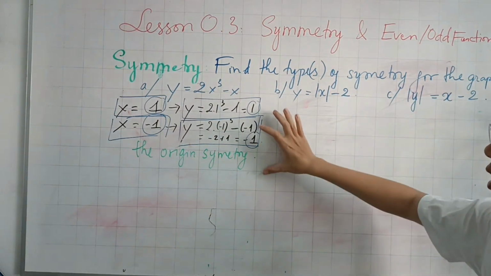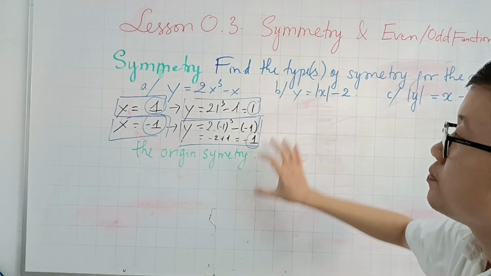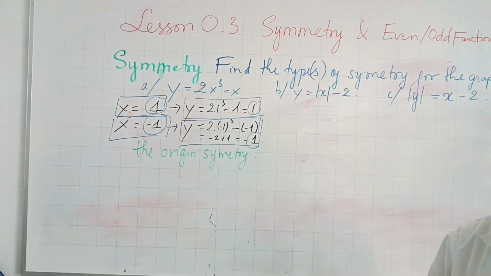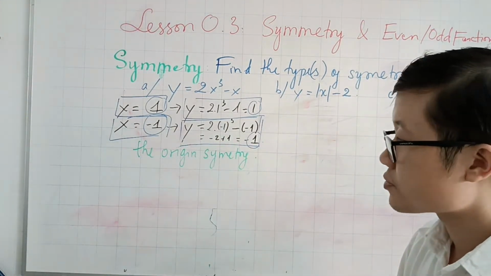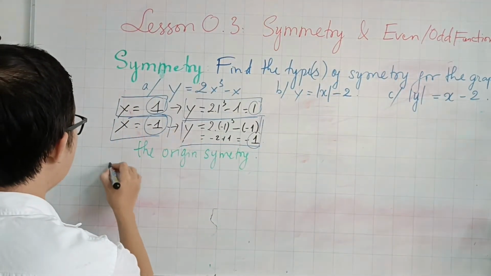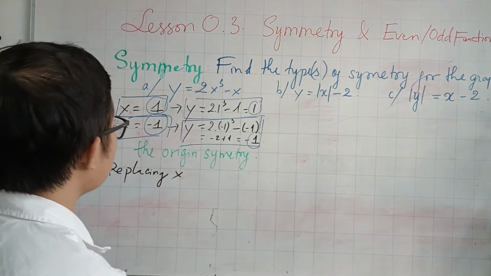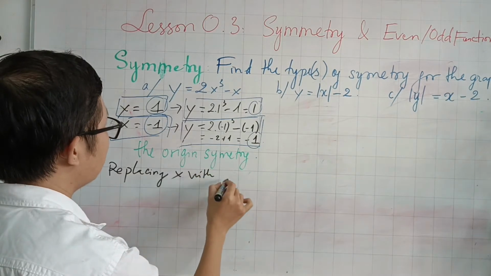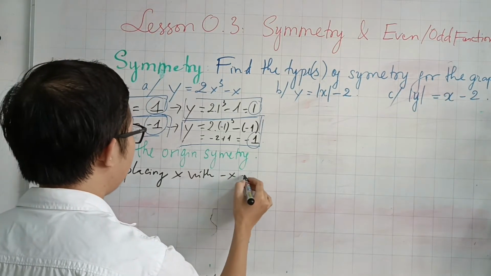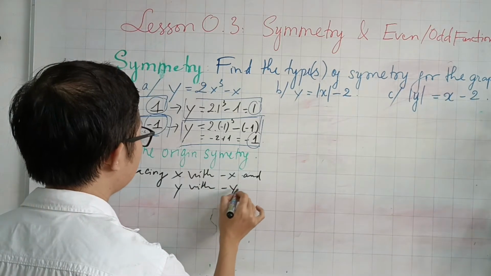And when the question requires you to write out something to define the type of symmetry, you can write: replacing x with negative x and y with negative y.